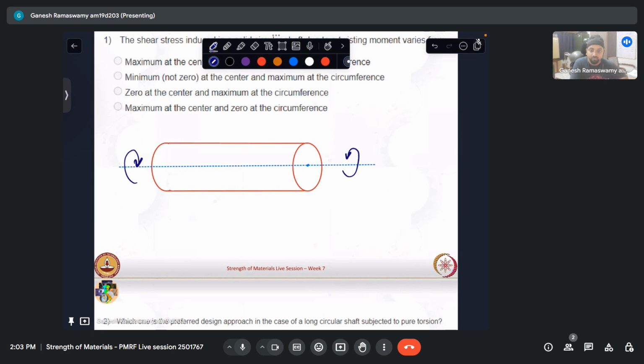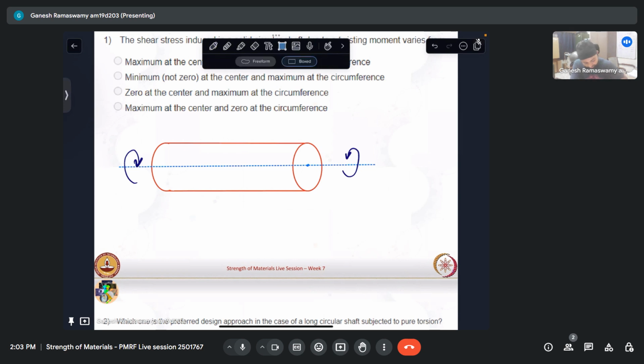Naturally, the twisting moment at either end would have to be opposite in nature so that the material gets stressed. If they are of the same nature, it would just lead to a rigid body rotation about the axis of the shaft. I hope the viewers can appreciate that.